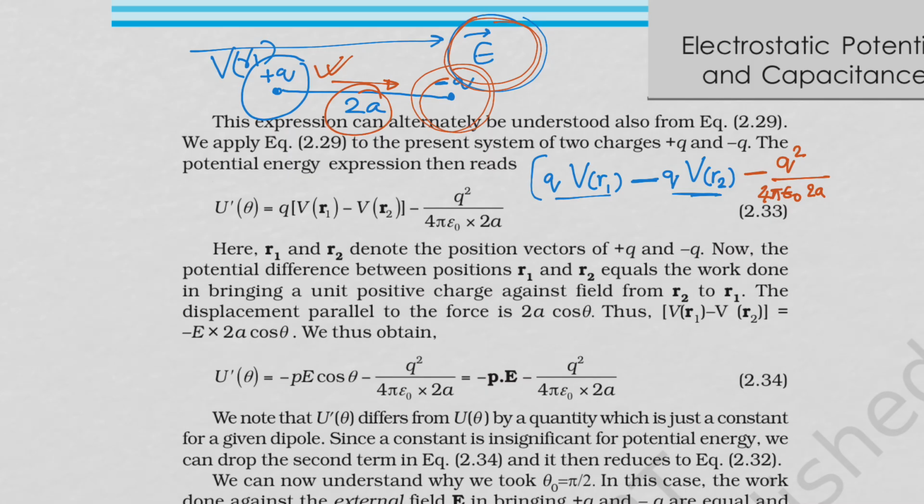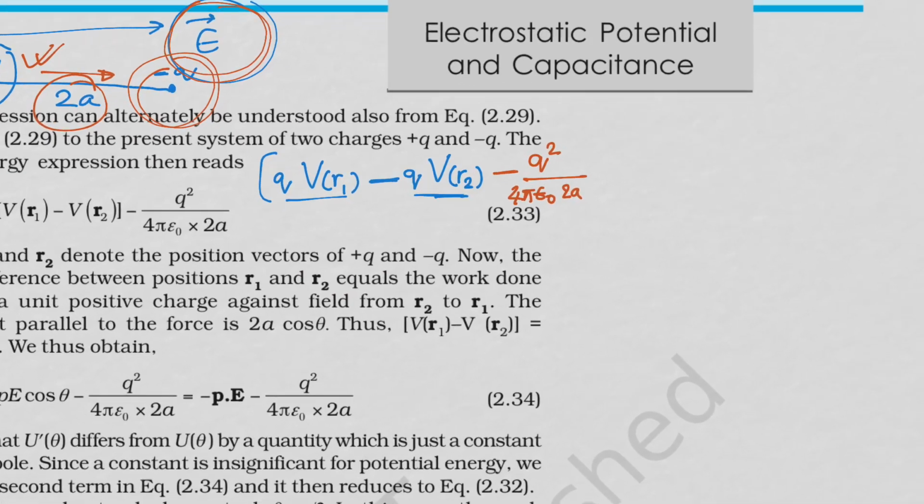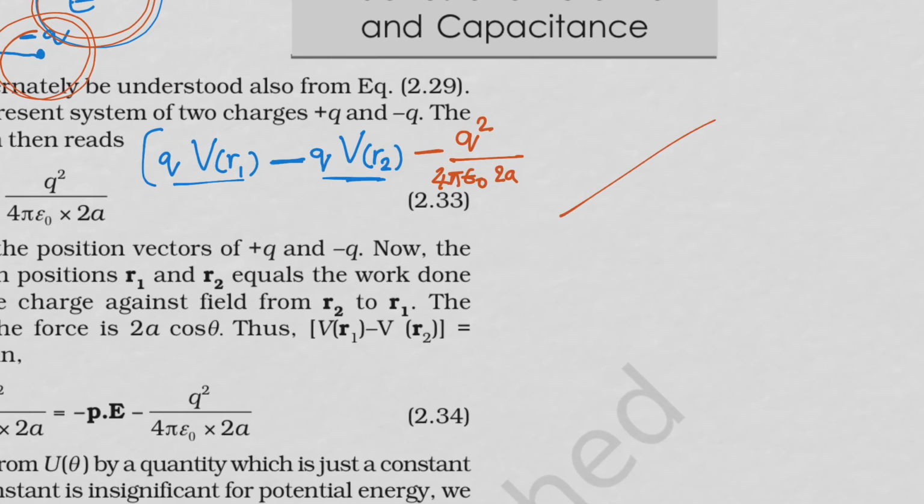Okay, the next step is really interesting. Now, since we know this is our dipole, there is a dipole moment P and there is electric field E, and the angle between them is theta. Now this is 2a, the length of the dipole.